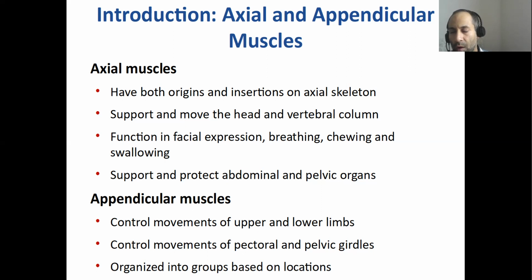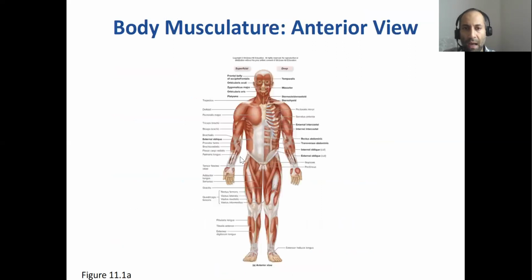And they are involved with things like facial expressions, of course, chewing, swallowing, and also maintaining our upright posture. Okay, appendicular muscles. The term itself derives from appendages, which are attachments to the midline, and that includes the muscles of your upper limbs and your lower limbs, as well as the pectoral and the pelvic girdles that support the upper and the lower limbs. So we shall go ahead and take a look at those muscles.